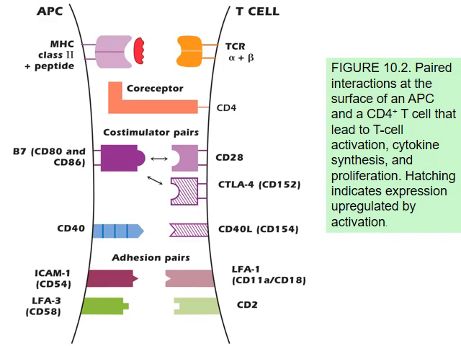It is shown hatched because it only gets expressed when the T cell gets activated. There's no need to control or inhibit the speed of T cell activation if there is no activation. So activation has to go up and you have to apply the brake. These are the brakes. That's why we call it a negative co-stimulator.